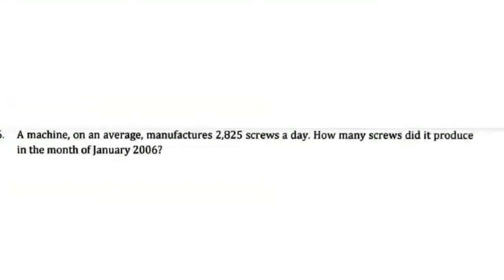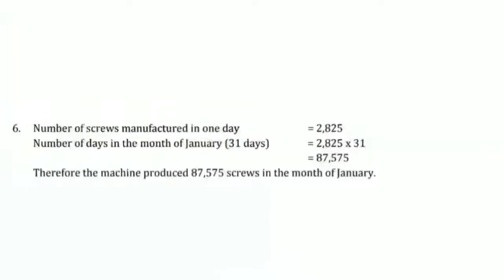Next, number 6. A machine on an average manufactures 2825 screws a day. How many screws did it produce in the month of January 2006? See the solution. So number of screws manufactured in one day, it is 2825. The number of days in the month of January, how many days? 31 days.